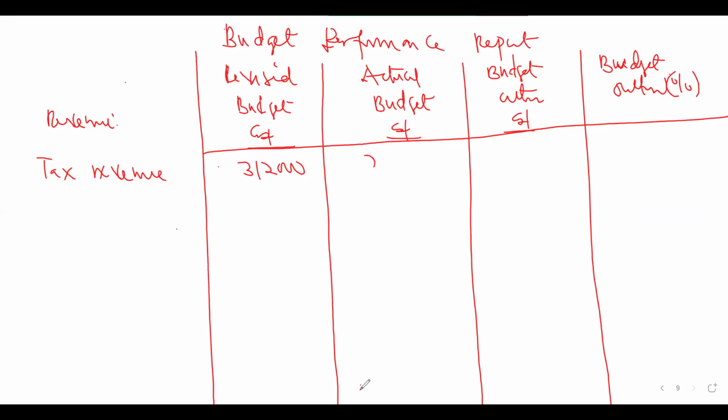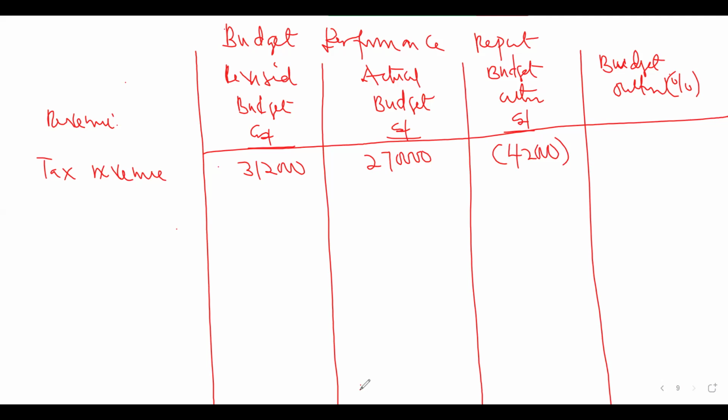We are receiving less than that. This is a revenue, isn't it? The outturn will be 312,000 minus 270, so the outturn is 42,000.